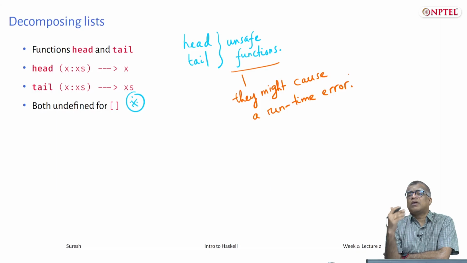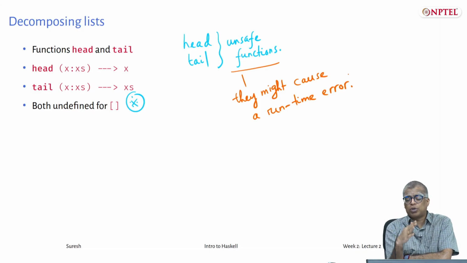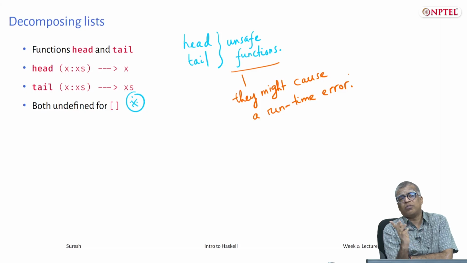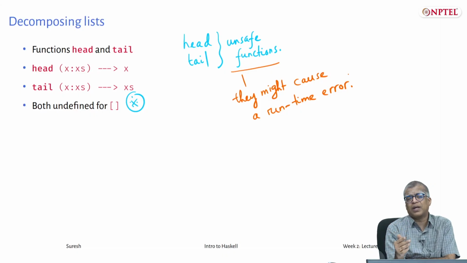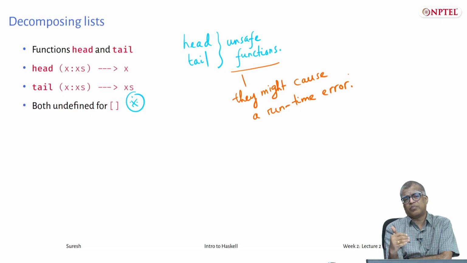What is a runtime error? Errors can be roughly thought of as two kinds: compile time and runtime. Compile time errors are those that will be caught by Haskell when you try to load the file in GHCI, whereas runtime errors are those that will print an error message and abort in a bad manner when you actually invoke a function on some actual arguments.